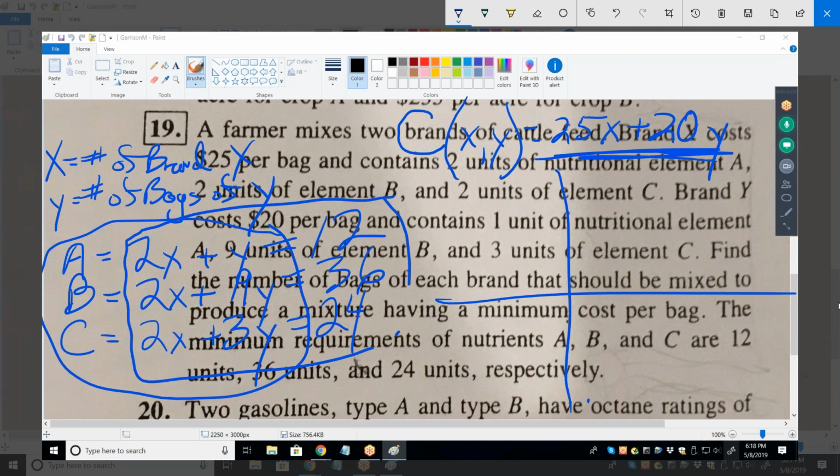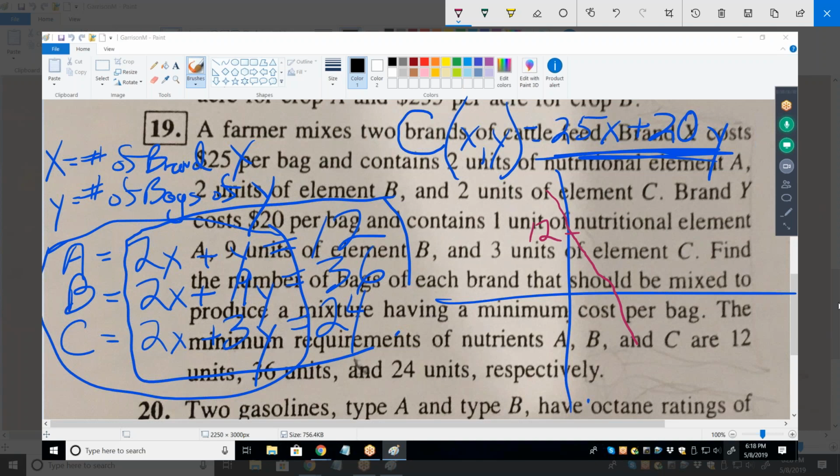However, if I graph equation A, I get y equals minus 2x plus 12, right? So that equation, put 12 right there. It's a steep slope. It's a minus 2 slope.